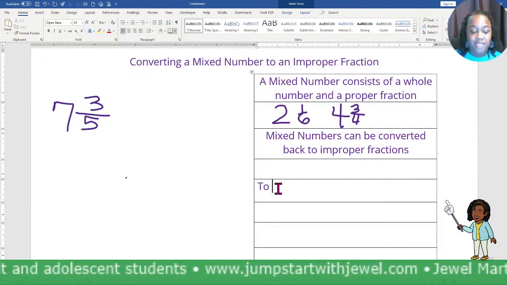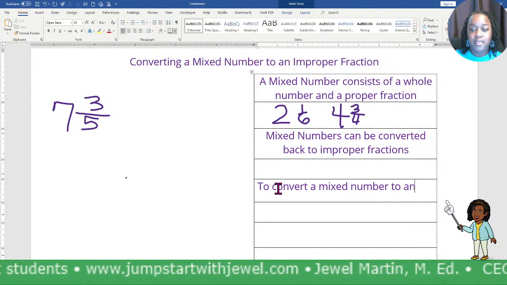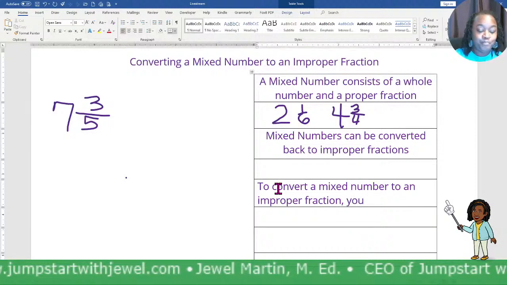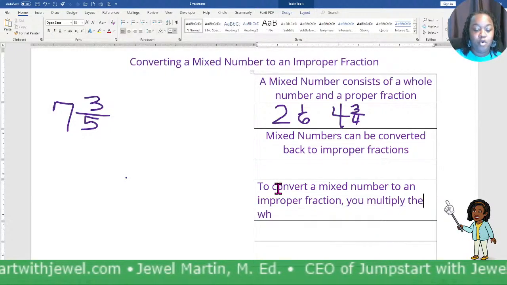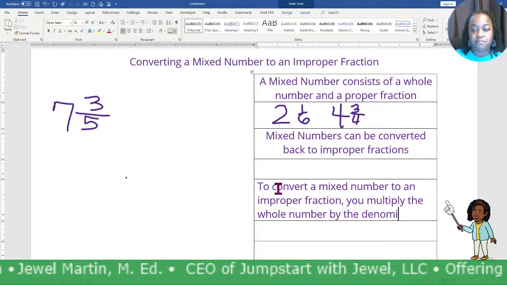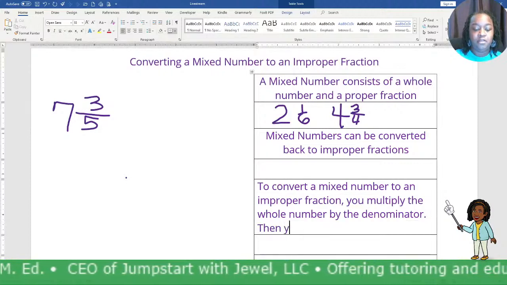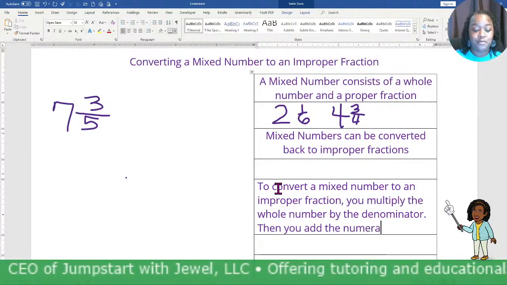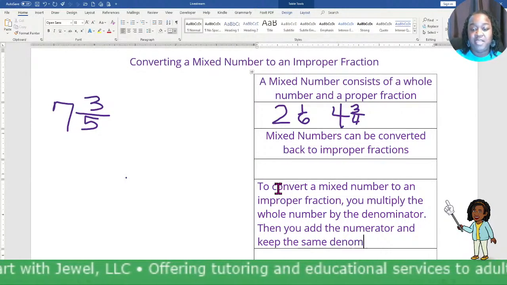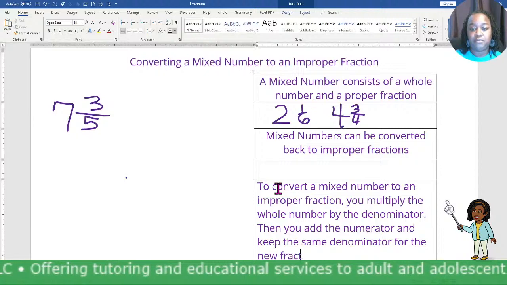To convert a mixed number to an improper fraction, you multiply the whole number by the denominator. Then you add the numerator and keep the same denominator for the new fraction.